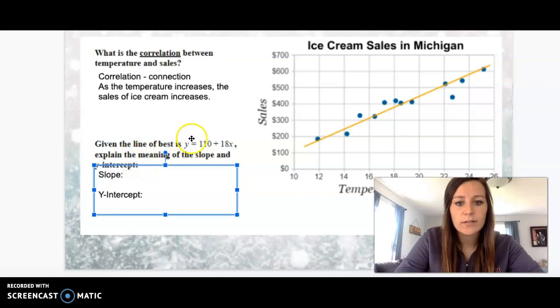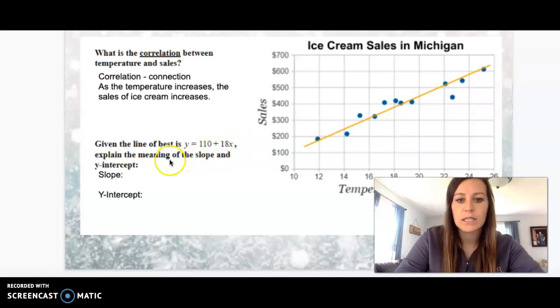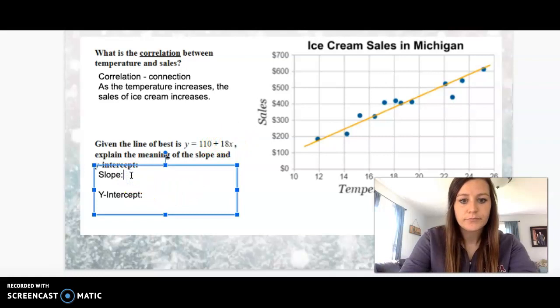All right, let's go ahead and look here. Given the line of best fit is y equals 110 plus 18x, explain the meaning of the slope and the y-intercept. So now it's actually giving us an equation for this line of best fit, okay? And so what it's looking at is we have a slope of 18. So my slope is 18 here.